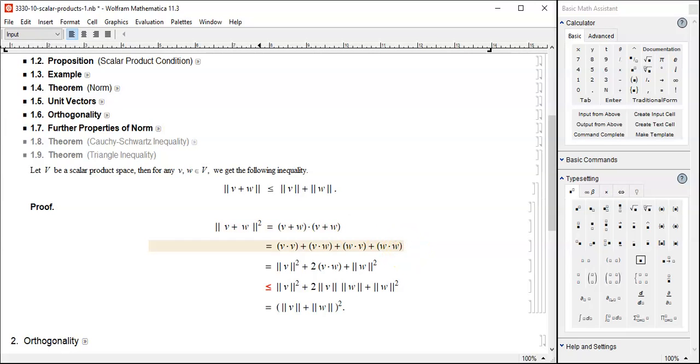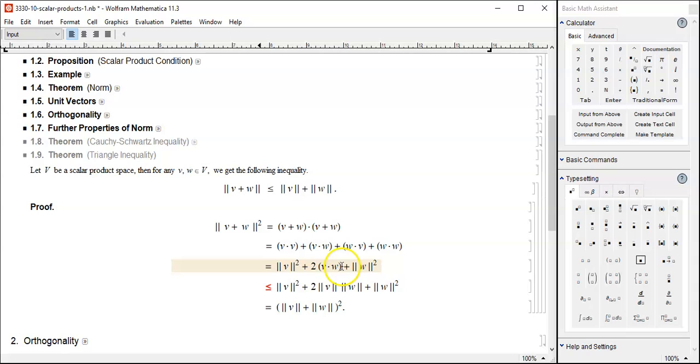Next, we fold it out. First, outside, inside, last. And then these two, outside and inside, are the same because of the symmetry. So we have 2 v dot w, and then the scalar product of itself, the norm squared, and the scalar product of itself, the norm squared.